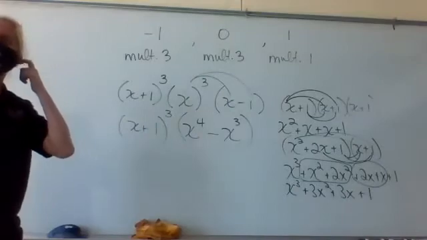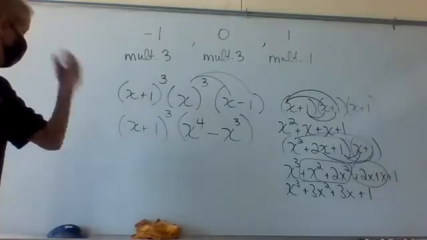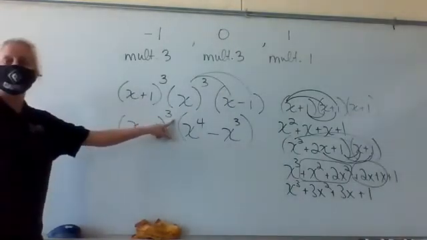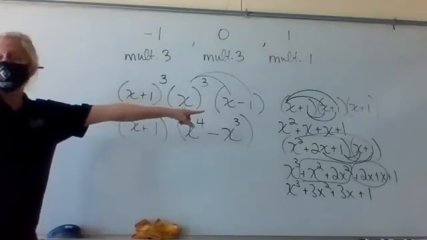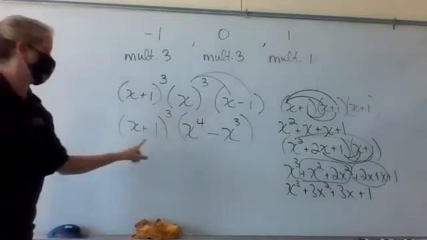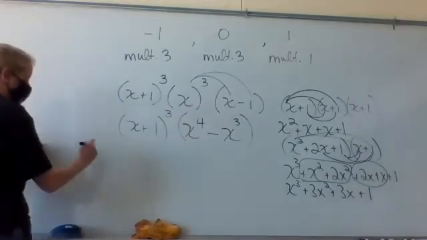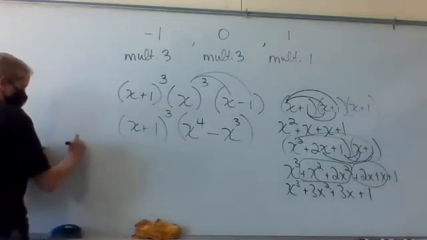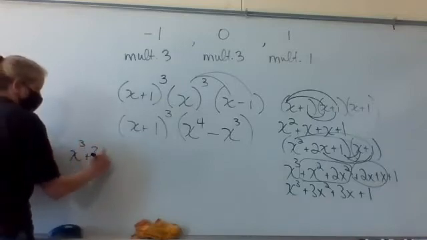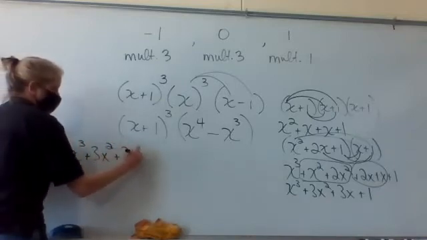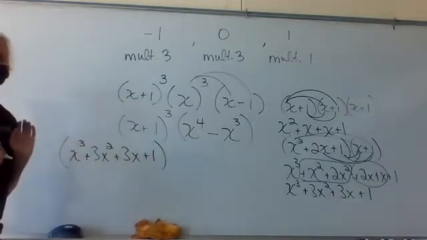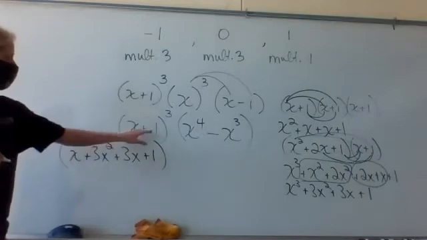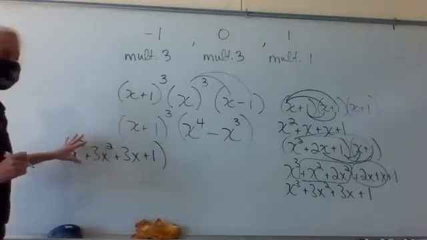So let's see, where was all that from? That's x plus 1 to the third power. We just worked it out over there to the side since it took up so much room. So x plus 1 to the third gave me x to the third plus 3x squared plus 3x plus 1. So there's x plus 1 to the third all the way out.